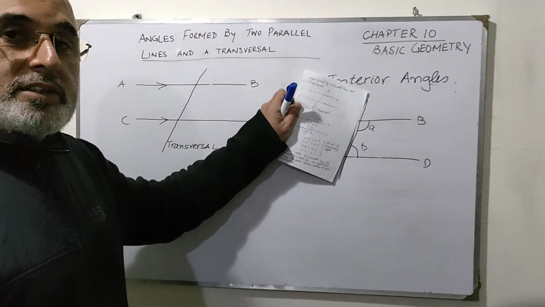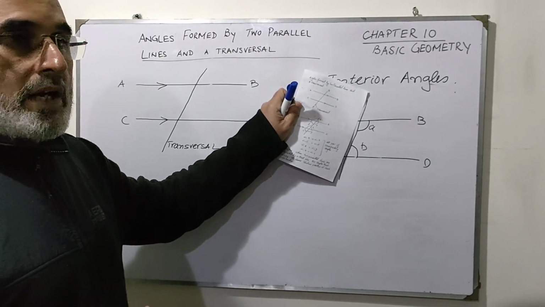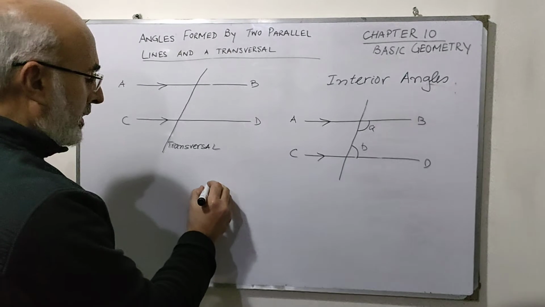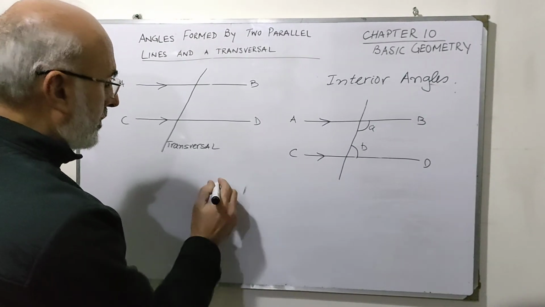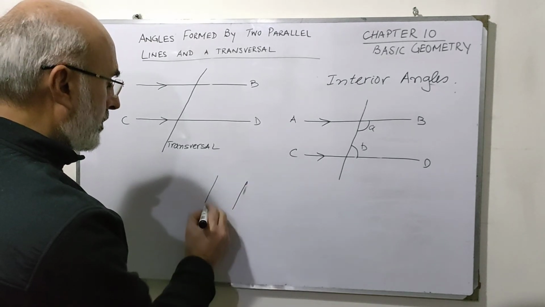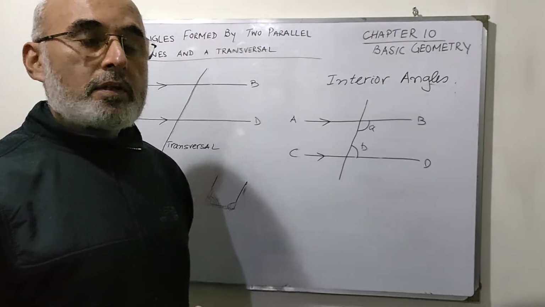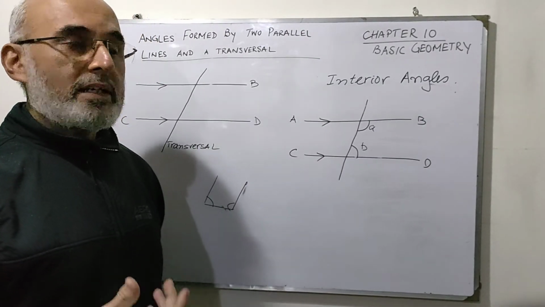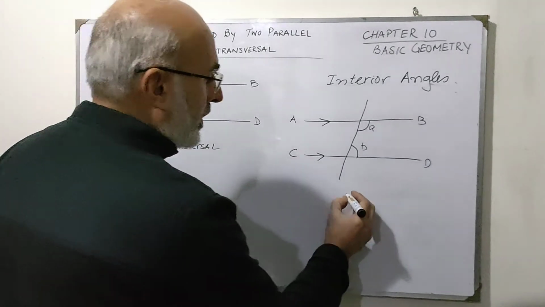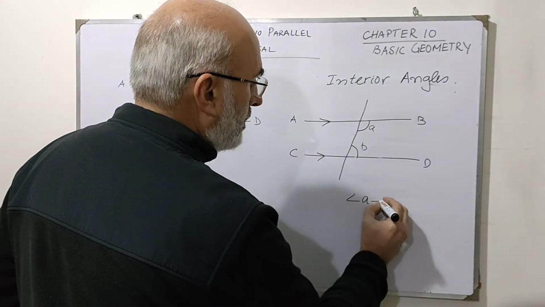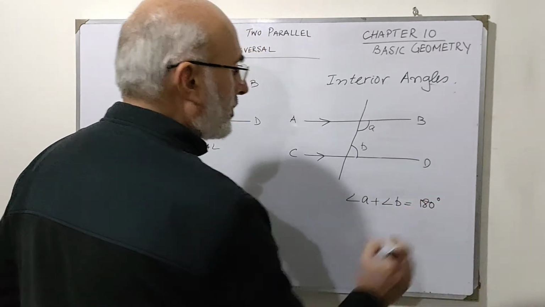And you recall supplementary angles. When we were discussing the supplementary angles, I gave you the idea that if we have two angles like this and we sum up these two angles, we get the total, which is 180 degree. So same is the case here. Angle A plus angle B is equal to 180 degree.